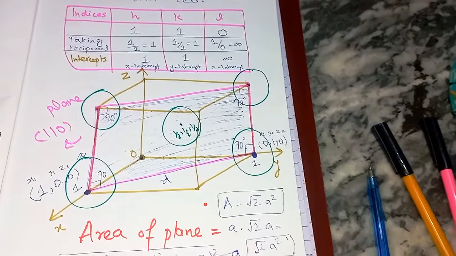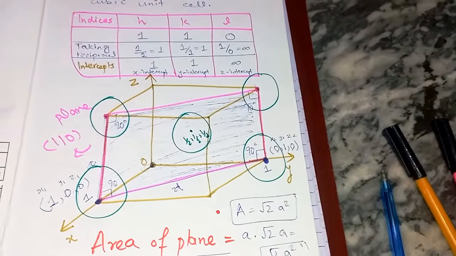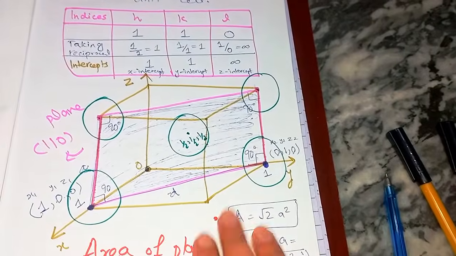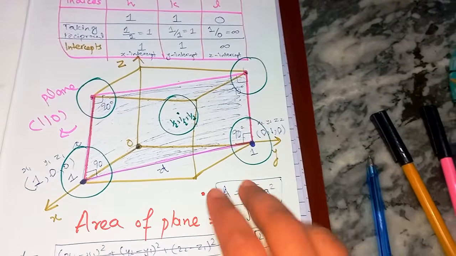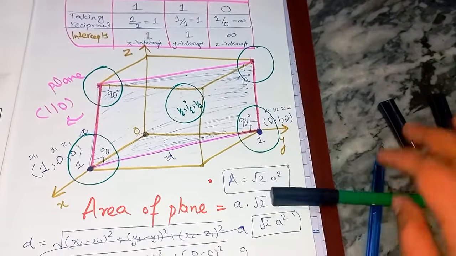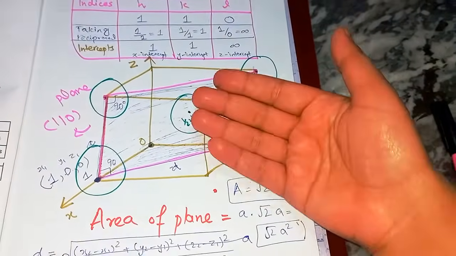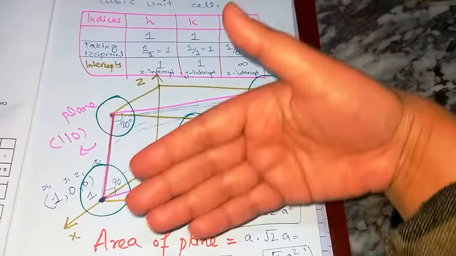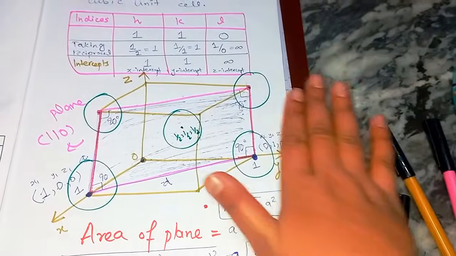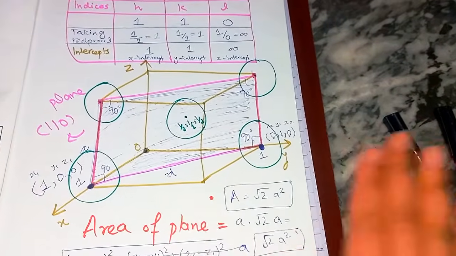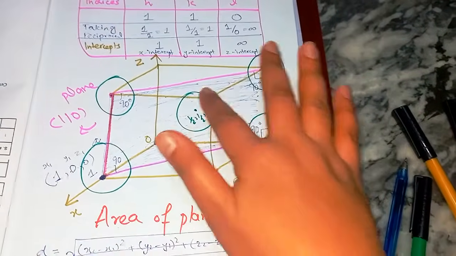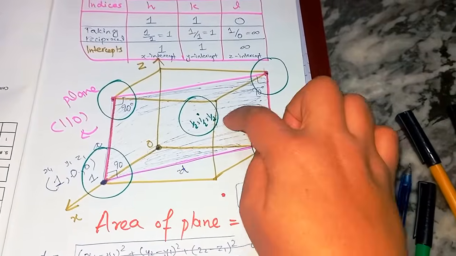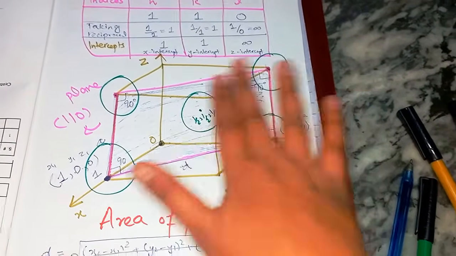Alright, so how do we know whether this plane passes through the center of this atom or not? How can we confirm that? Because there is a chance, like in some instances it happens that maybe the center is slightly away from where the plane is passing. So is there any way we can confirm that this atom is contributing to the plane, or whether this atom's center is lying on the plane or not?